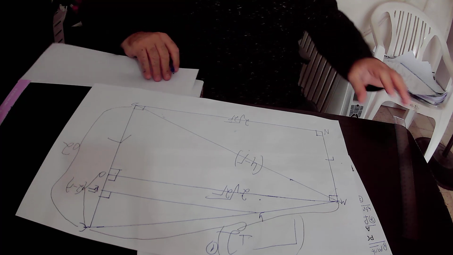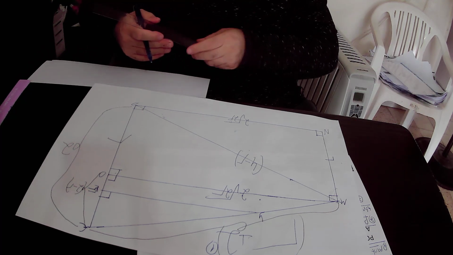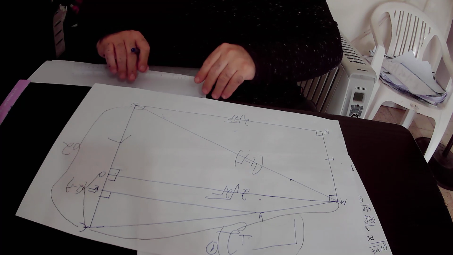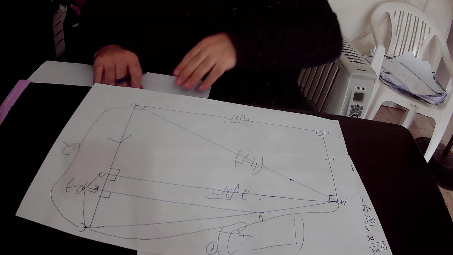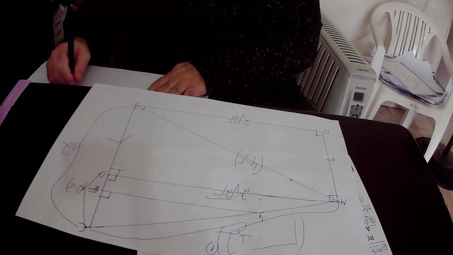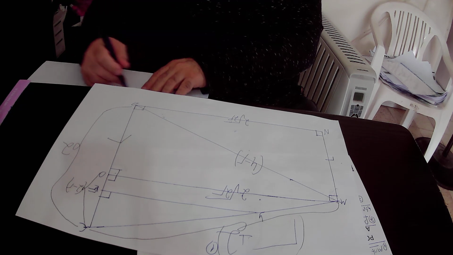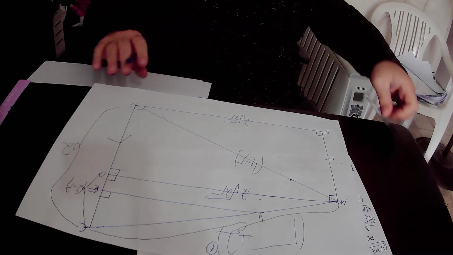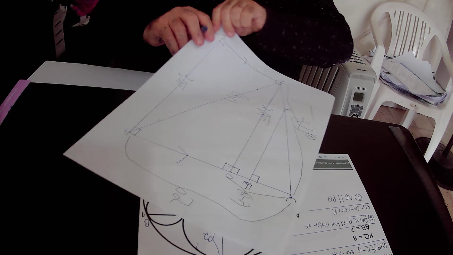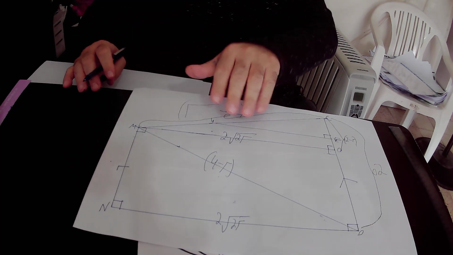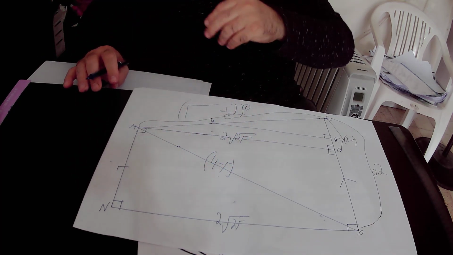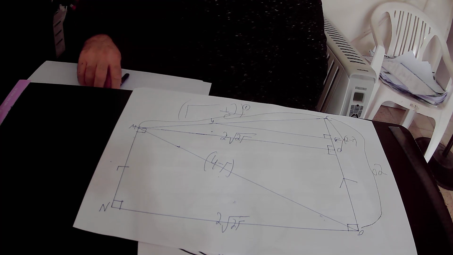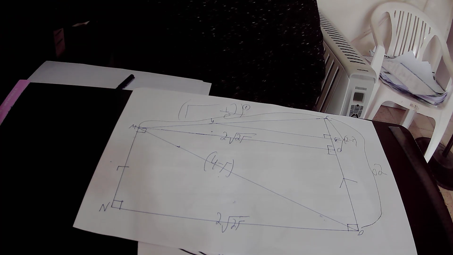Okay, so in the next step we will focus on the right triangle, triangle MNO. I will paint it in the green color.